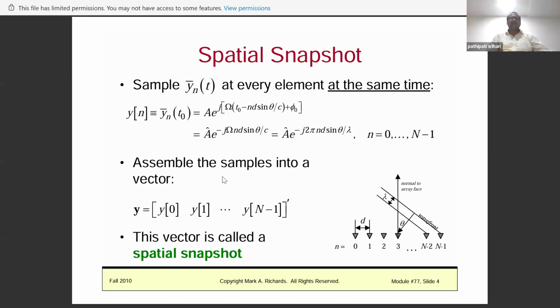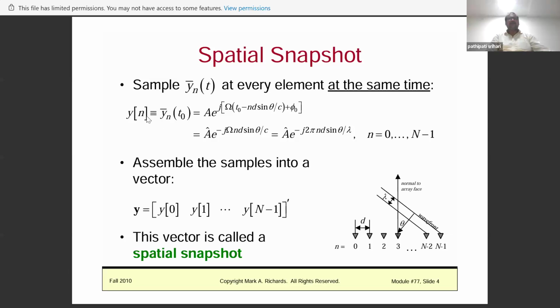So assemble the samples into a vector. Once you have all these samples, you arrange them in a vector by taking n equal to 0, n equal to 1, dot dot dot, n equal to capital N minus 1. You get this kind of vector, called a spatial snapshot. Why is it a spatial snapshot?